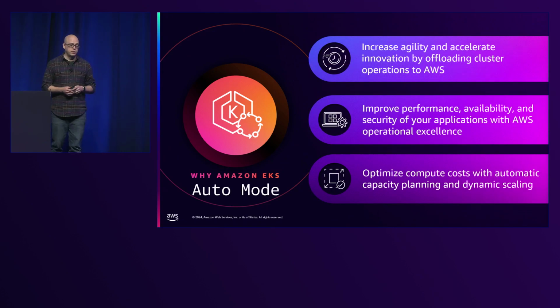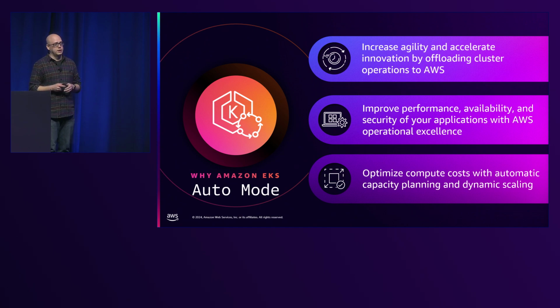This really helps you increase your own agility and accelerate your own innovation, because you're not having to spend time trying to keep all your nodes up to date. You really get to offload all of these operations to AWS. This also helps you improve the performance and availability of your application. As I said before, it's graceful restarts, graceful migration of nodes.